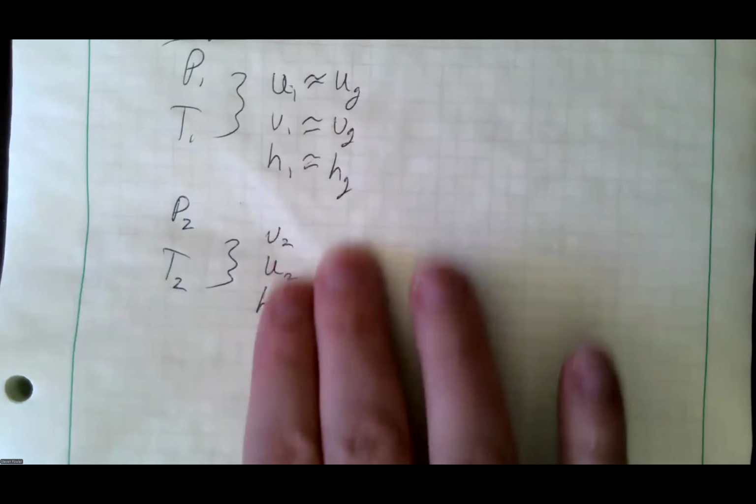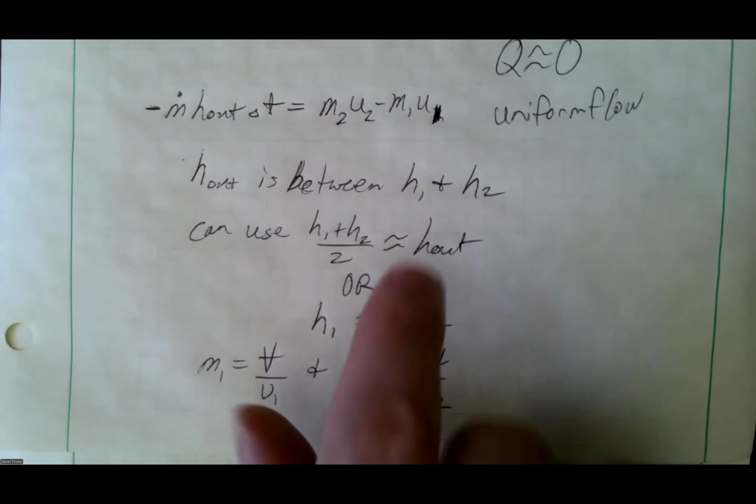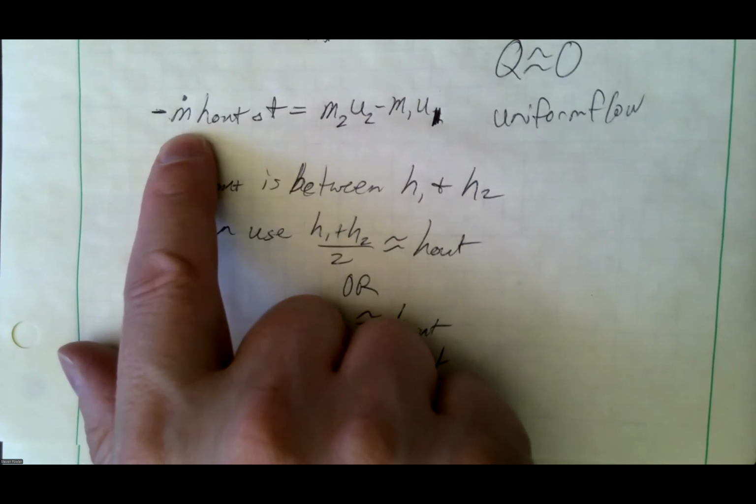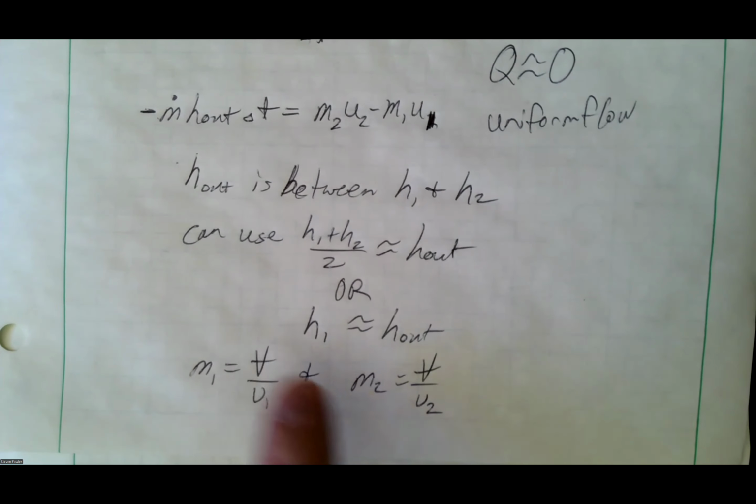So once you've got these properties, I'm down to one equation, one unknown, because now I know these specific volumes. I know the total volume. I've got my H's, or at least I can make a decision as to what I call H out. I would probably just call it H1.